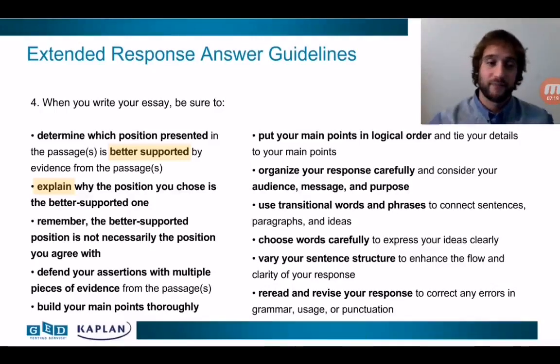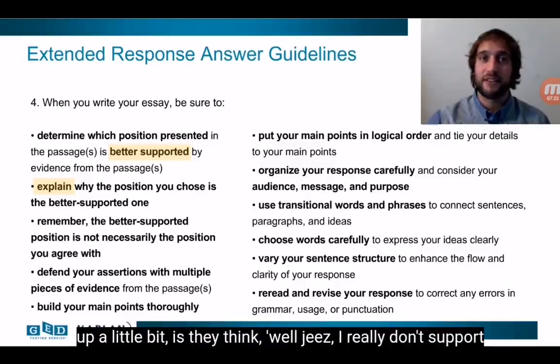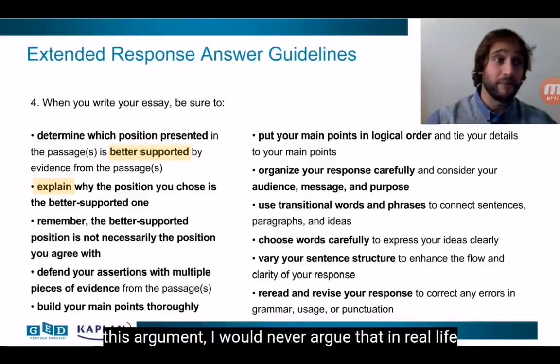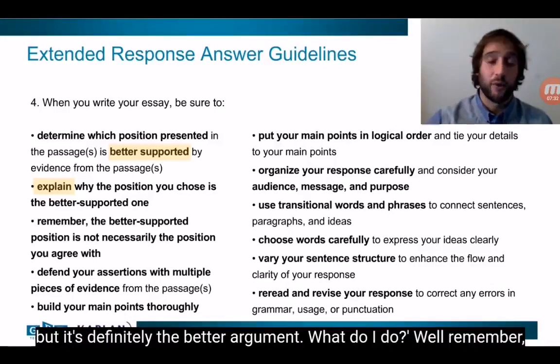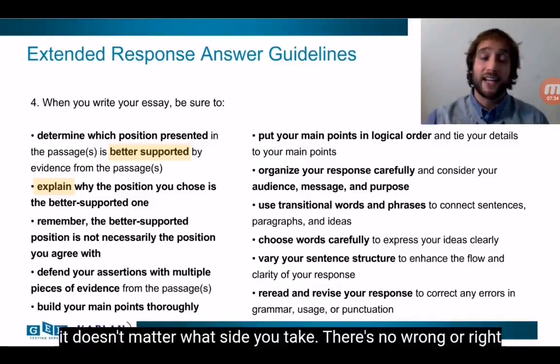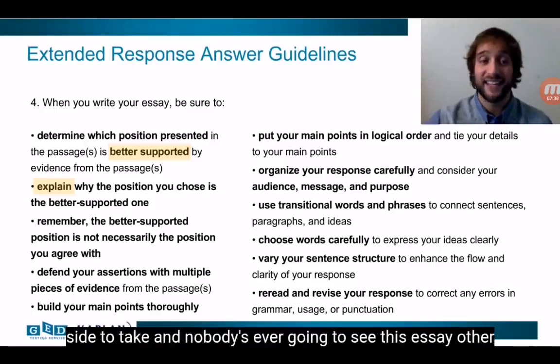Okay, so one thing that sometimes gets people tripped up a little bit is they think, wow, geez, I really don't support this argument. I would never argue that in real life, but it's definitely the better argument. What do I do? Well, remember, it doesn't matter what side you take. There's no wrong or right side to take. And nobody's ever going to see this essay other than the graders.